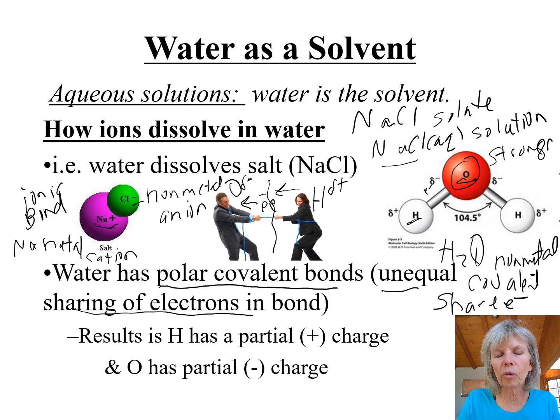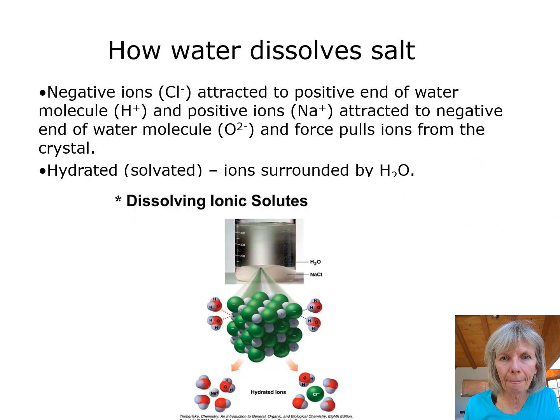They're still sharing the electrons. It's still a covalent bond, but there's a slight partial positive charge on the hydrogen and a slight negative partial charge on the oxygen.